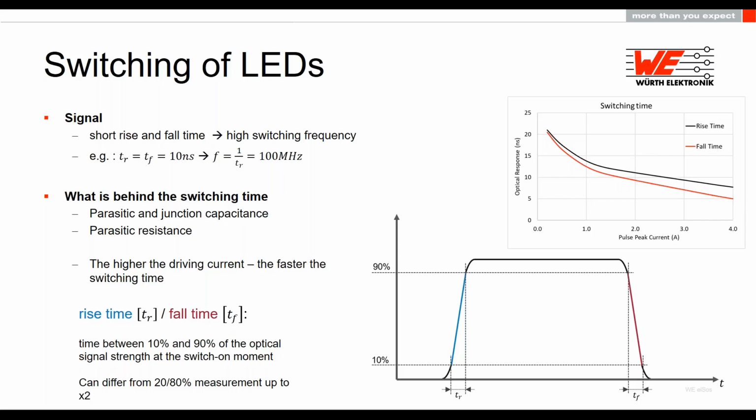The most important parameters that define the switching times, or why an LED has a switching time, are the parasitic and junction capacitance of the LED and the parasitic resistance of the whole package.